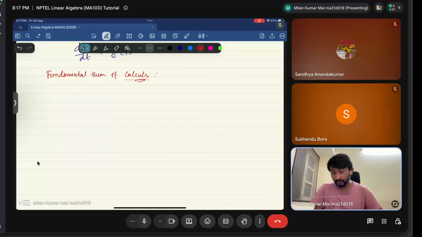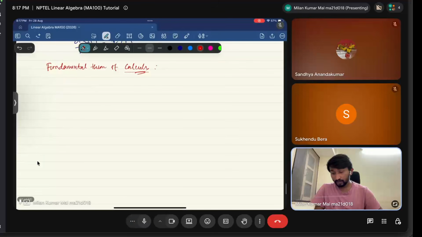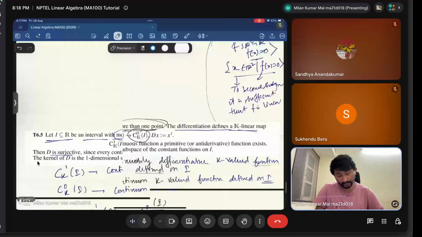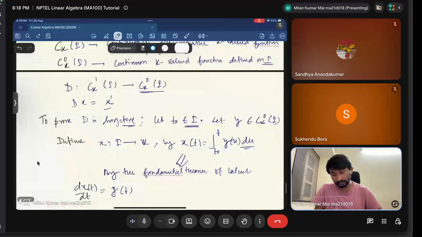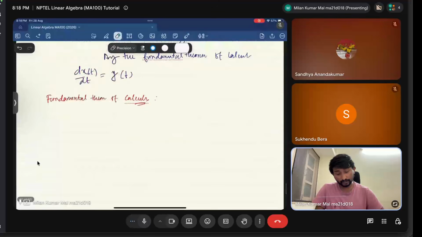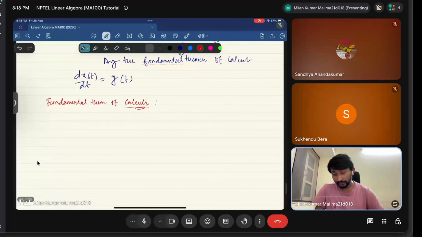What this says: if f is continuous, but here I think we have considered real. Here it is real. If it is a continuous real valued function, then only, okay. The fundamental theorem of calculus is for real valued functions only.